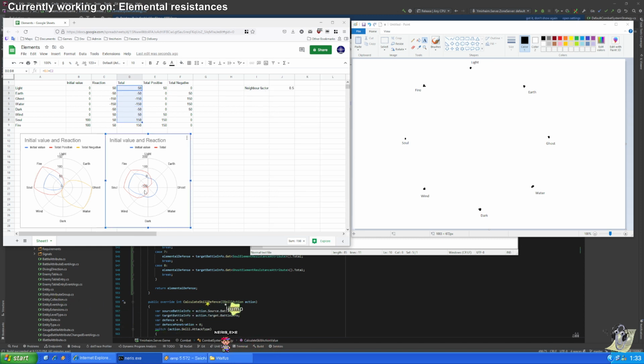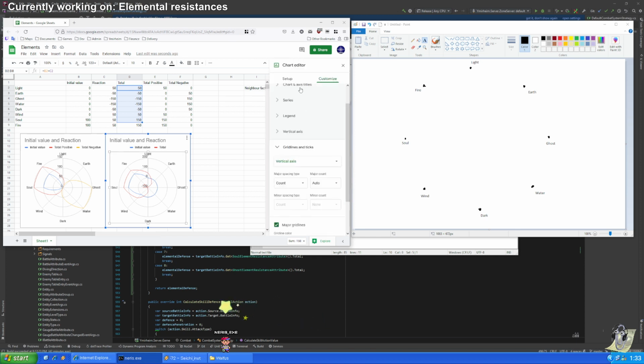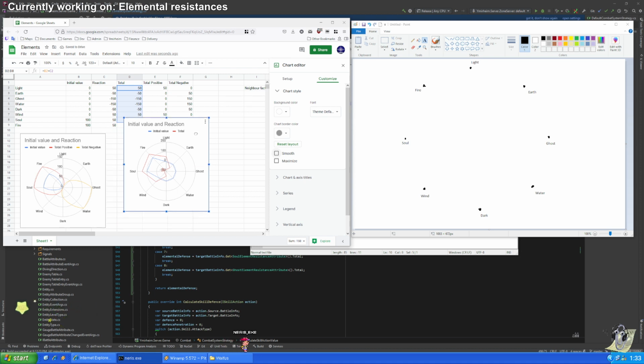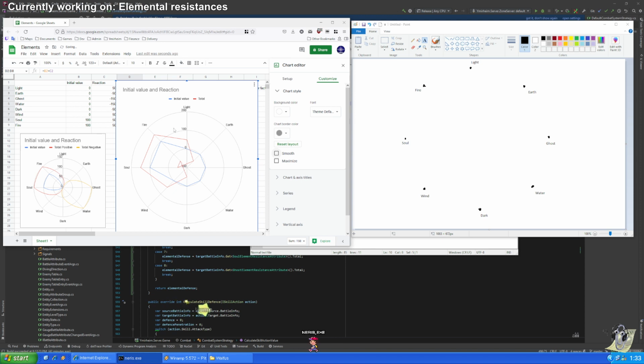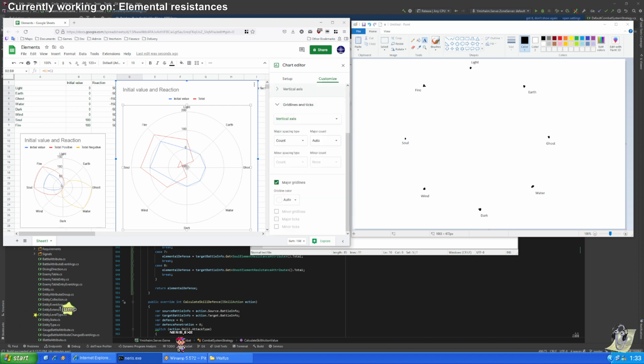Why is it doing this loop? Weird. No, it's minus 100, although I set it to be minus 150.